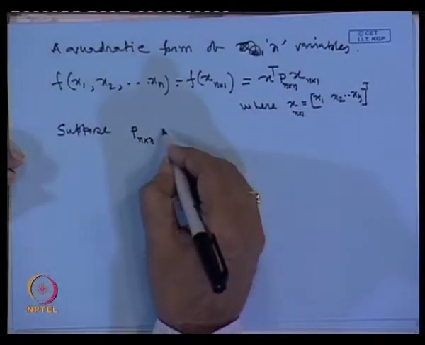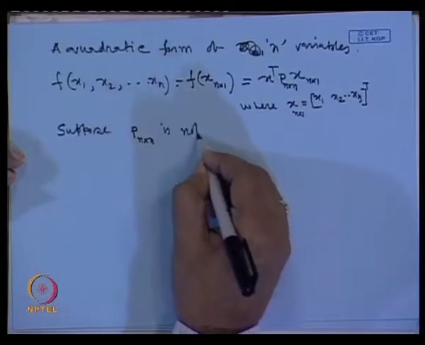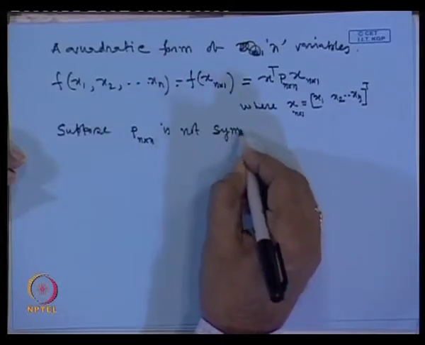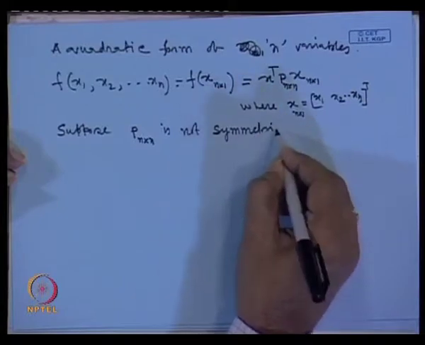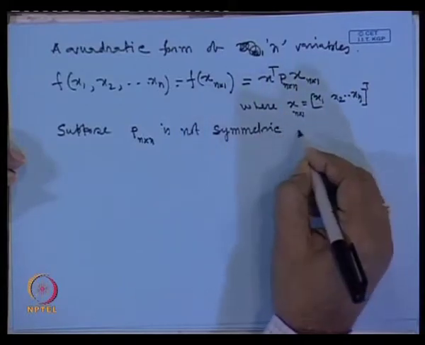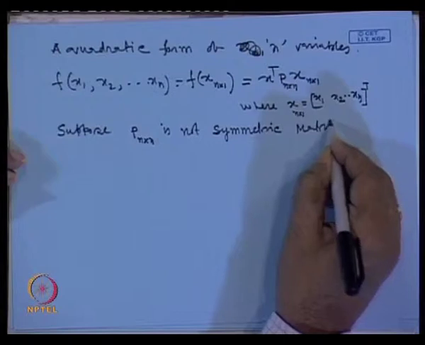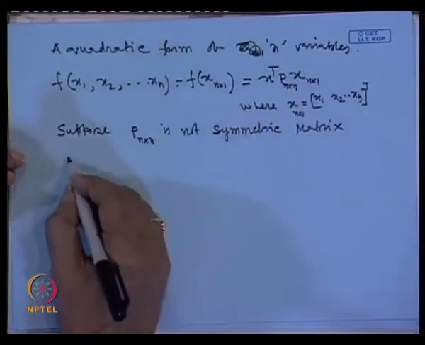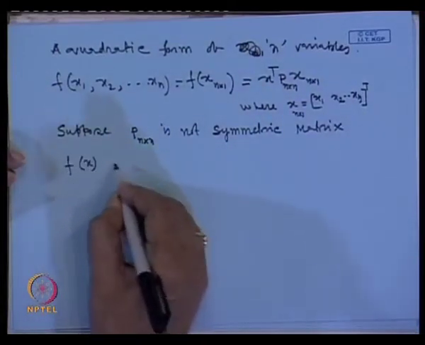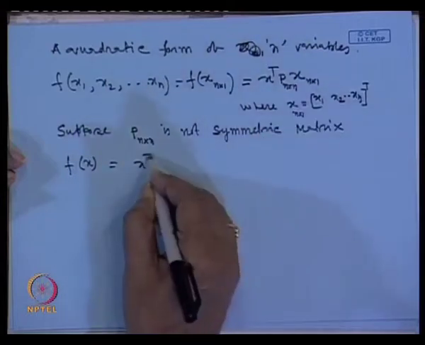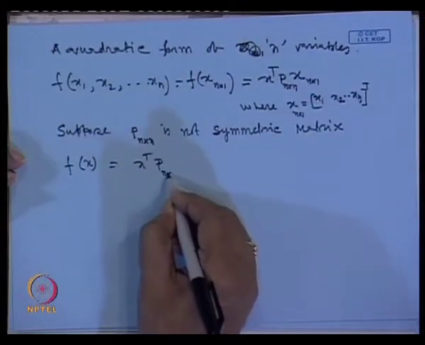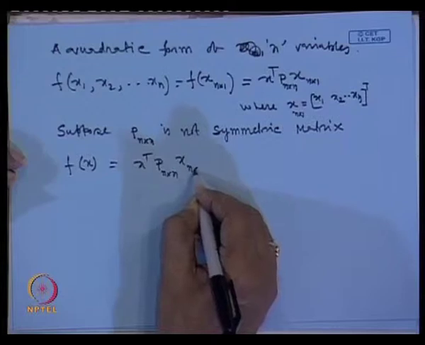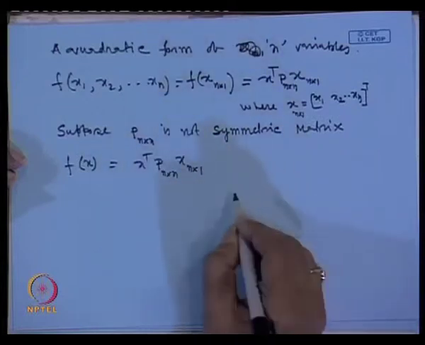Suppose P is not a symmetric matrix. Just now we have written f of x as x transpose P x, with P of dimension n cross n, x of dimension n cross 1, and P is not symmetric.